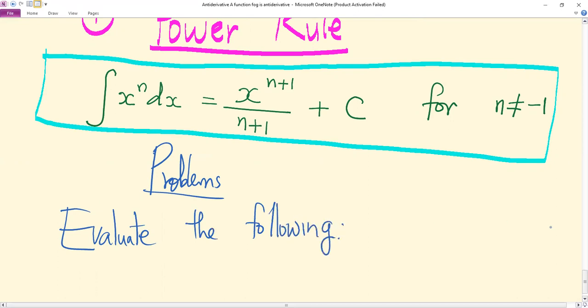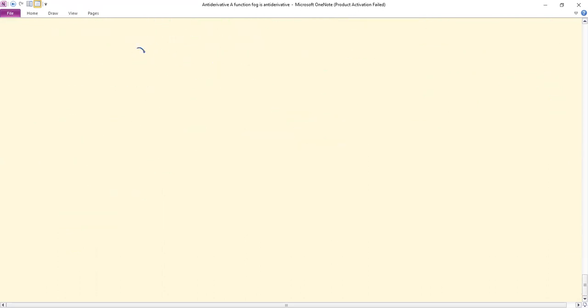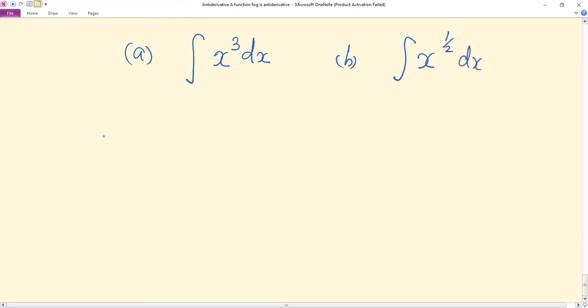The first problem: A, integral of x to the power 3 dx; B, integral of x to the power half dx; C, integral of x to the power 4 dx; and D, integral of x raised to the power minus a half dx. So this is our first problem.